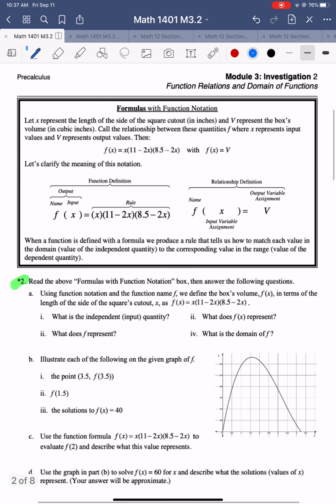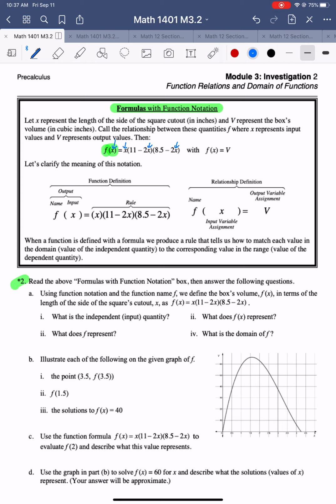But before that, we were looking at the box, okay? So in the box, there's the formula for function notation. In function notation, we use f of x. You can use f or g or h, whatever letter. The easier way is you can just plug in whatever x is given into the formula.